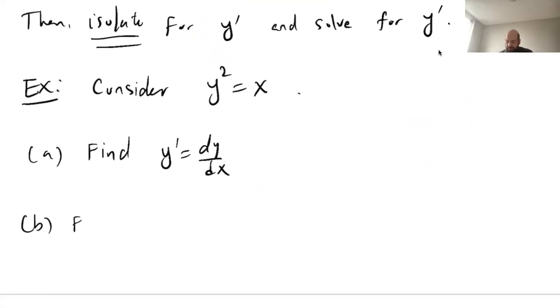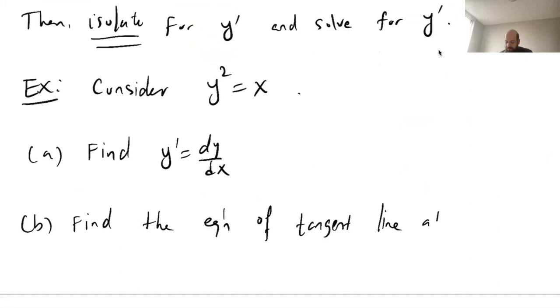Part B, find the equation of a tangent line at the point, let's say, (4, 2).